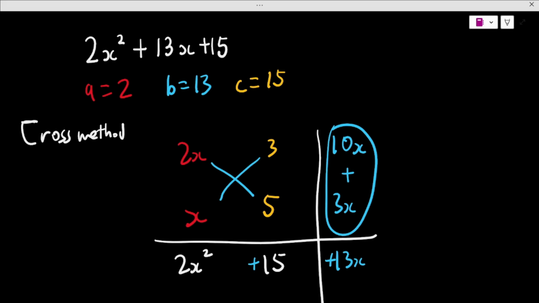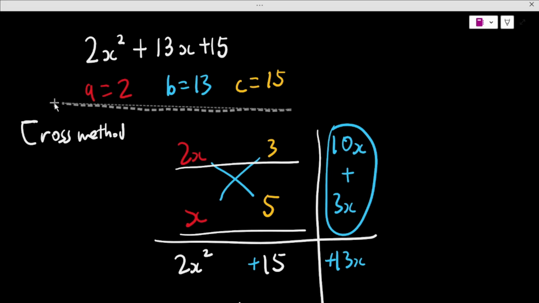So that means that we obtained back our initial expression, which is correct. So our factorization is just going to be the same thing, just read it off. So this is going to be 2x plus 3, x plus 5.